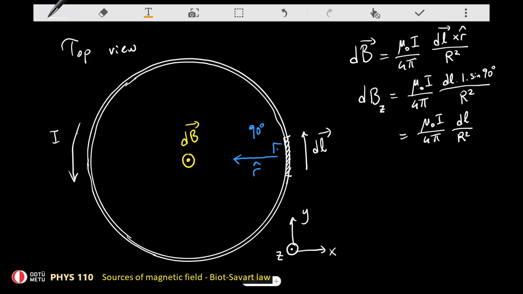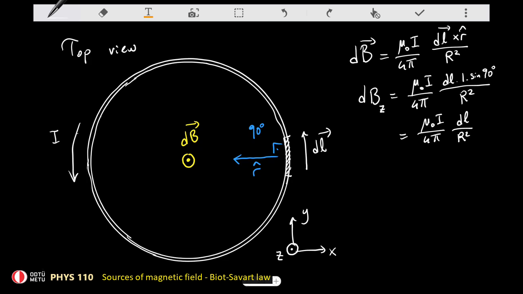Normally, r would be a variable, but in that case, wherever I choose my segment on the ring, it doesn't matter. I'm always going to get the same distance to my point in question. So this capital R here is essentially a constant, right?